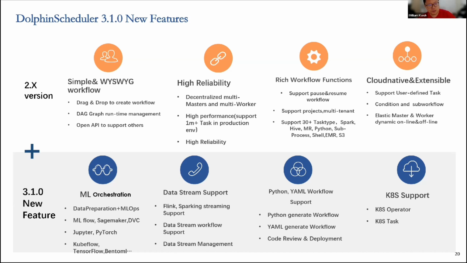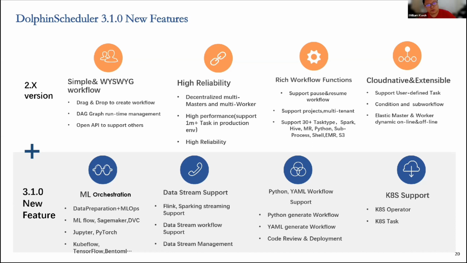The first feature is what we call machine learning orchestration. You can do data preparation and MLOps in one orchestration platform. Now it supports MLflow, SageMaker, DVC, Jupyter, PyTorch, and then we will support Kubeflow, TensorFlow, and BentoML by the end of this year.